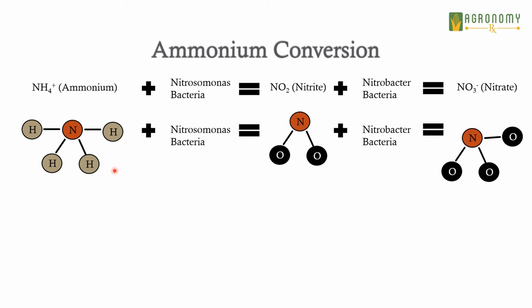Now, I'm not a big fan of limiting the biology in the soil and putting them to sleep. So how do we get around that process? Well, this is where cetane comes into play again.